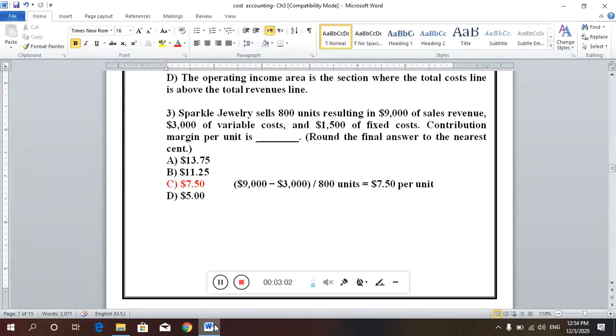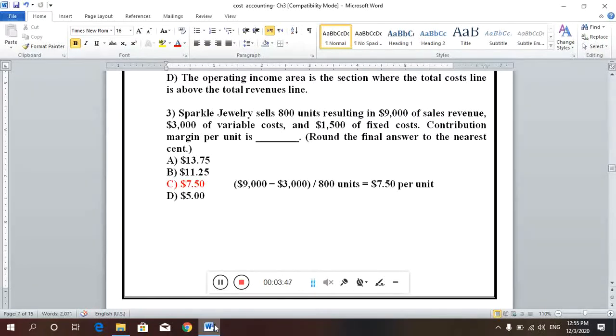Contribution margin per unit will be, here he gives me the units sold equal 800 units, the sales revenue for these 800 units is $9,000, the variable cost is $3,000, and the fixed cost is $1,500.